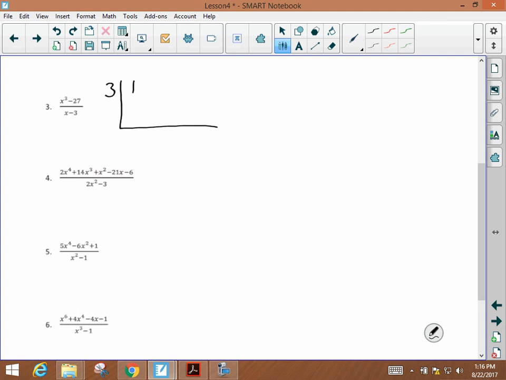Now, same as with both methods of division that we've learned so far, we have to put placeholders. I'm missing my x squared term, so I'm putting a 0. I'm missing my x term, so I'm putting a 0. And then I have my x to the 0 term there.